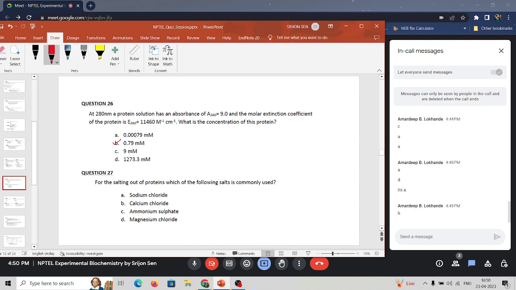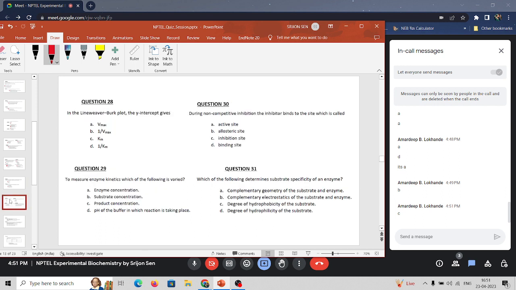Okay, for salting out of proteins, which of the following salts is commonly used? So which is the salt you use for salting out of proteins? Very good. It's ammonium sulfate. Very good. Next, in Lineweaver-Burk's plot, the y-intercept gives you.